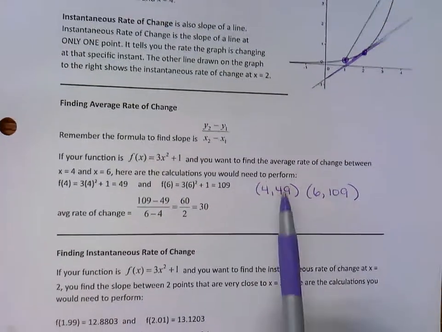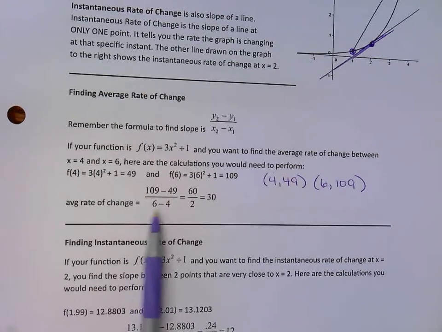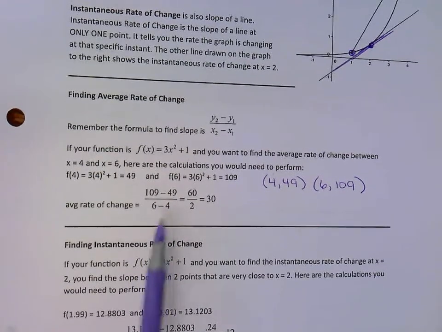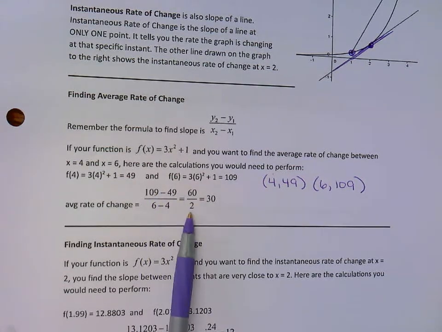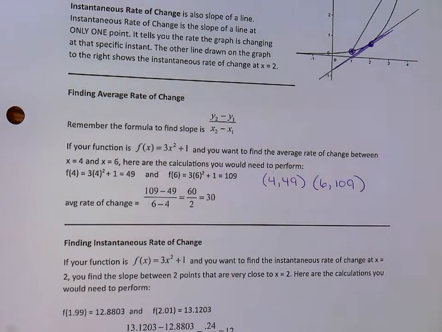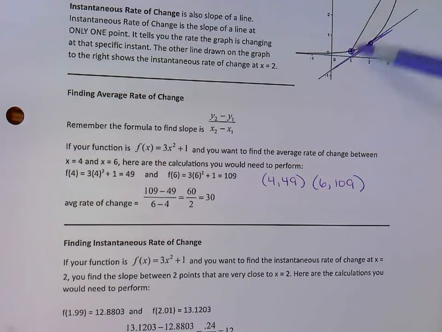You need 2 sets of points to find average rate of change. Then they did y2 minus y1 over x2 minus x1. Does that sound familiar, I hope, from Algebra 1 and Algebra 2? Then they did 60 divided by 2, which was 30. So the average rate of change, the slope of this line right here, is 30. Rise over the run, it rises 30 and runs 1.